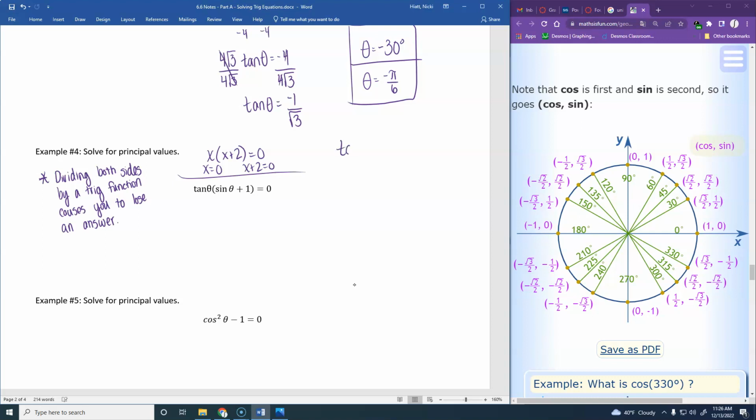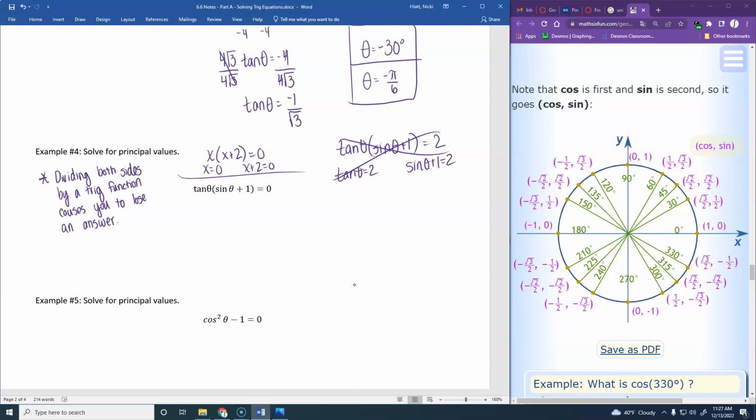If I had something like tangent theta times sine theta plus 1 equals 2, I could not say tangent theta equals 2 and sine theta plus 1 equals 2. That would be wrong because this only works for 0, and it works because 0 times anything is going to equal 0. But that's not true for 2. There's nothing where something times anything always equals 2, right?